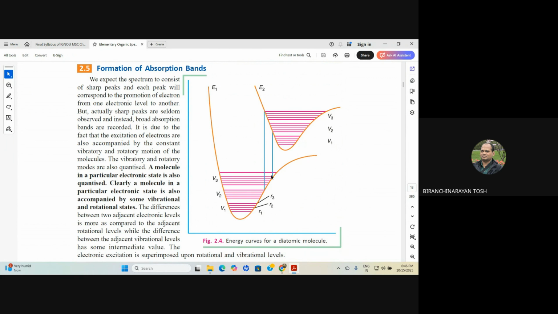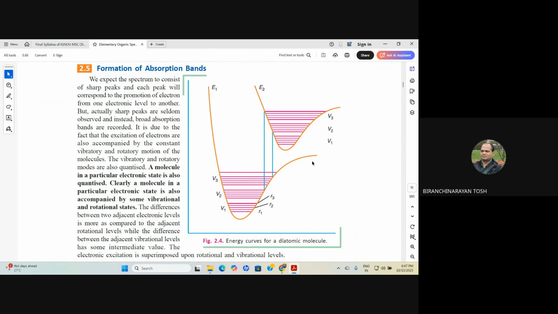So consider two hydrogen atoms coming closer to each other from infinite distance. The attractive force develops because each nucleus will attract the other electron. There is also repulsive force, because the two electrons will repel each other and the two nuclei also will repel each other.